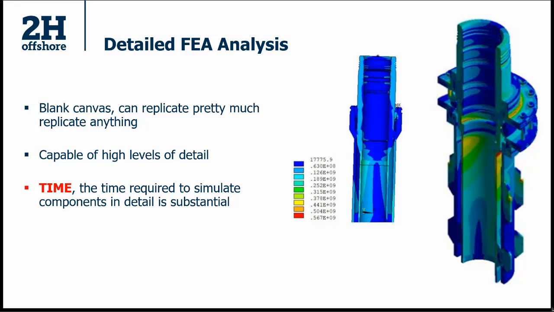The reason that the other packages have been made specific is for speed and ease of use. And the fact that the FEA tools are not specific and haven't been streamlined to a particular function makes them time-hungry. Time is the commodity that they require, and that's not always particularly practical.